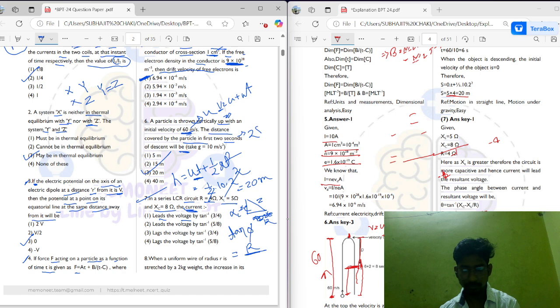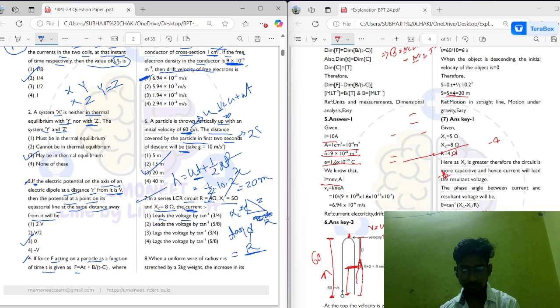The formula for wavelength is lambda equals 2 pi by k. 2 pi means 6.28, and k is equal to 6.28 into 10 to the power 2. That means 6.28 cancels out. The answer will be 10 to the power minus 2 meter, means 1 centimeter.